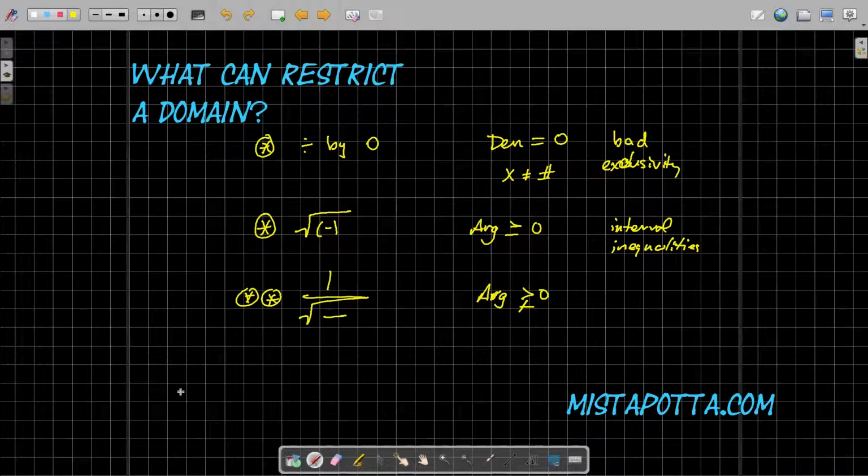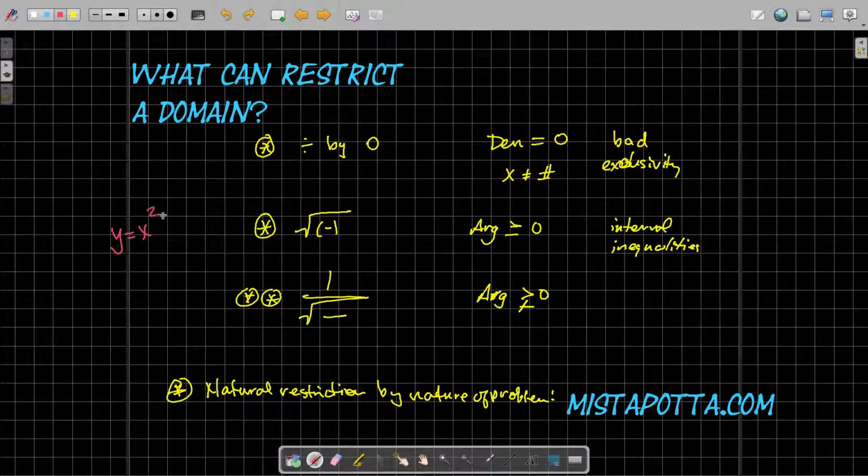Now there is one other case that we should consider. And the other case that we really need to consider is if there's a natural restriction by the nature of the problem. What I mean by that is, if I look at the graph y equals x squared, my domain is going to be all real numbers, and my range is just going to be where y is greater than or equal to 0.